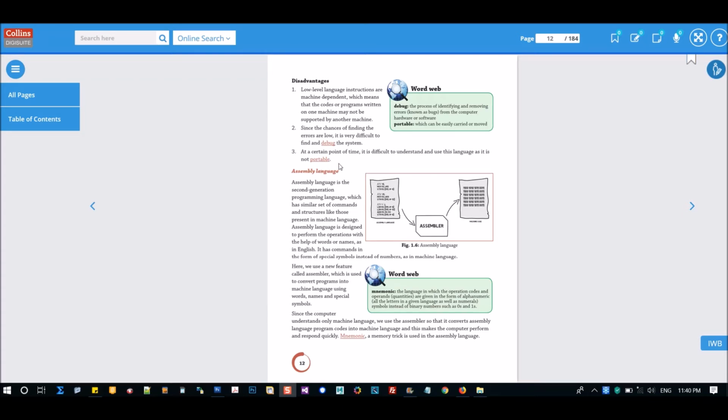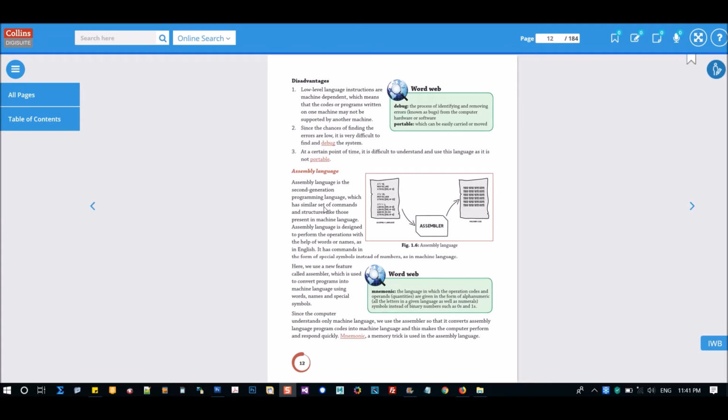It's not the size of the computers that we are using nowadays. It's not portable, so it's very difficult to move the machine from one place to another. So it is difficult for everyone to understand and use these languages. That is the disadvantage here.